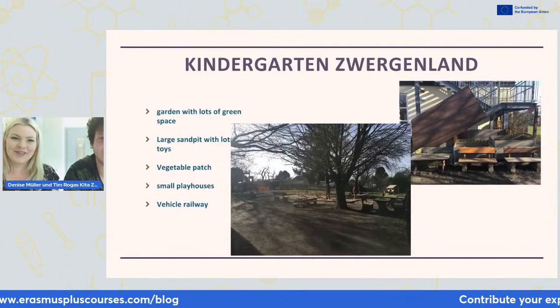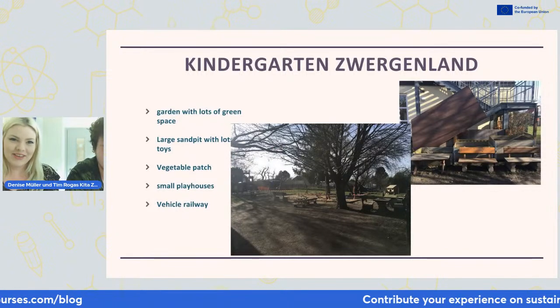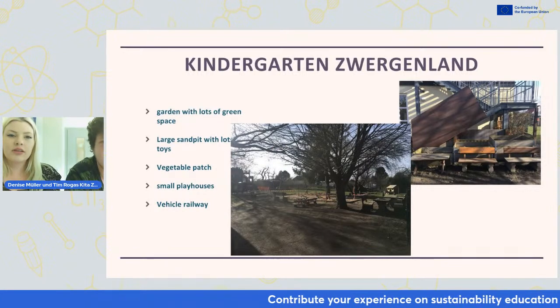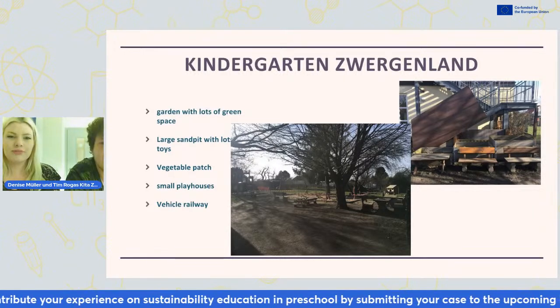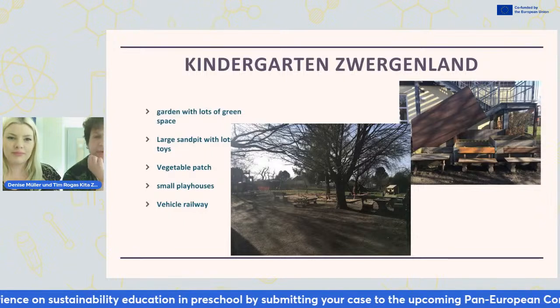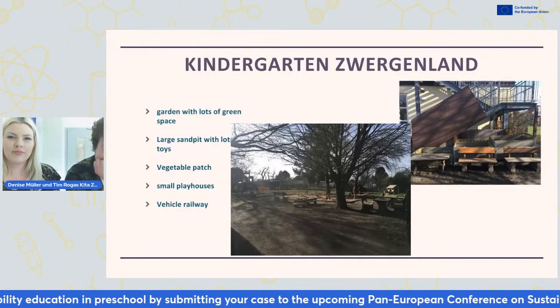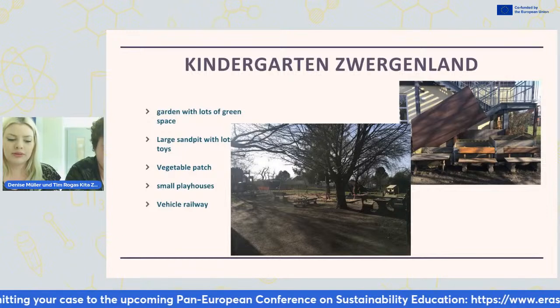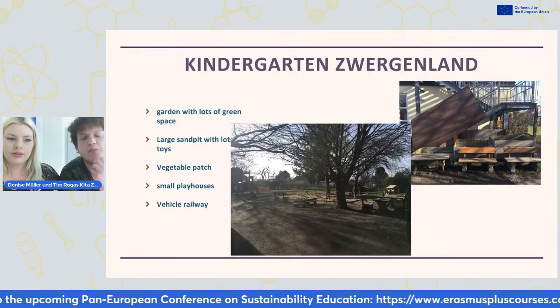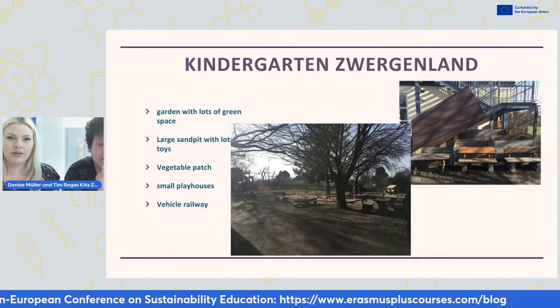And there is our outdoor garden. You can see we have trees and some sit-down places, and in the right picture you can see our plant boxes where we grow vegetables or other things.